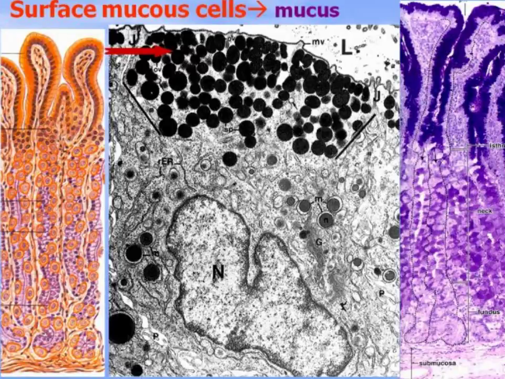Then it's secreted into the lumen, and this layer of mucus, half a millimeter thick, covers the surface of the mucous membrane, and it protects the stomach wall from self-digestion by gastric juice.